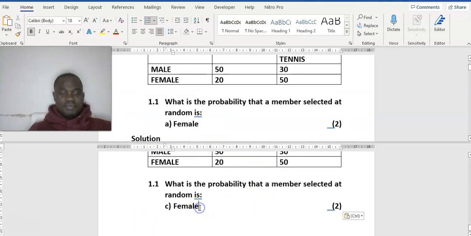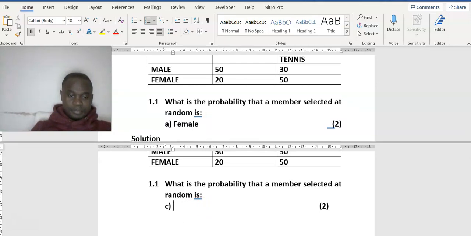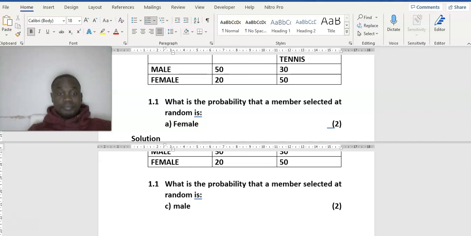This time it's not a female, it's a male. I'm adding more questions, so it's a male.